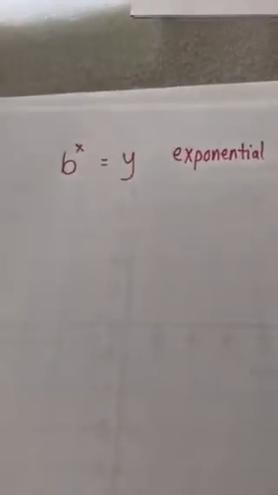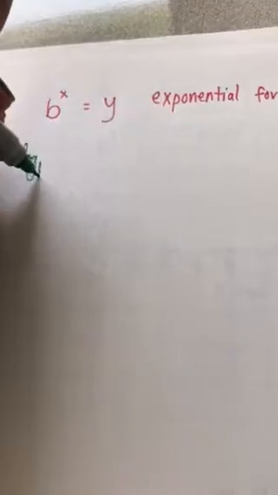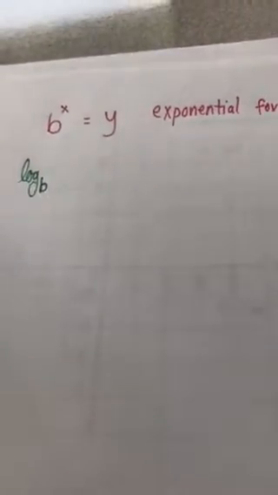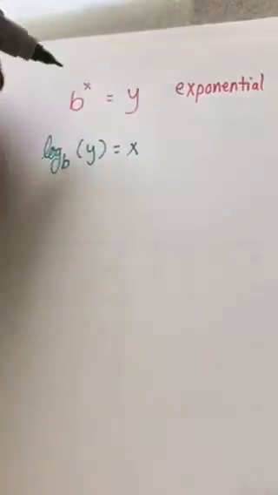And then if we're thinking about log form, we're going to take the log of this base, which comes down here, and whatever this output is is going to go right here. And then this is all going to be equal to x, that exponent, and this is logarithmic form, or I'm going to put log form.